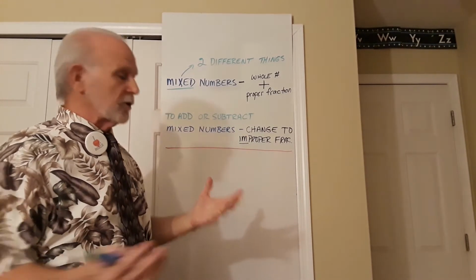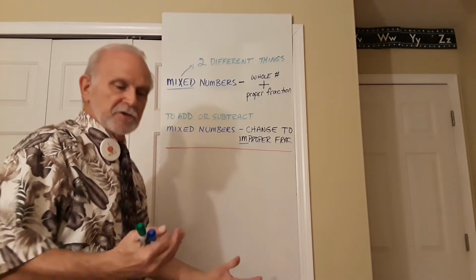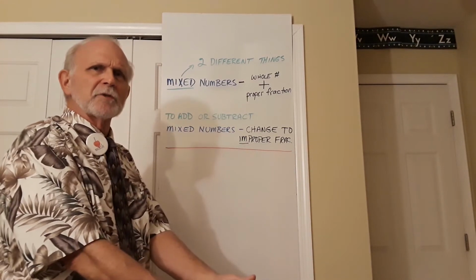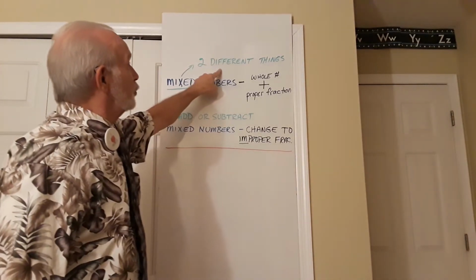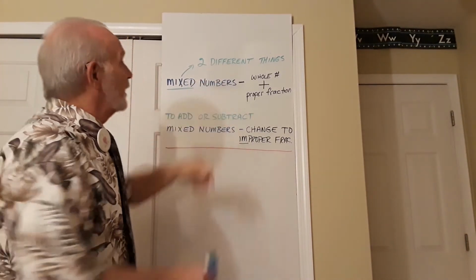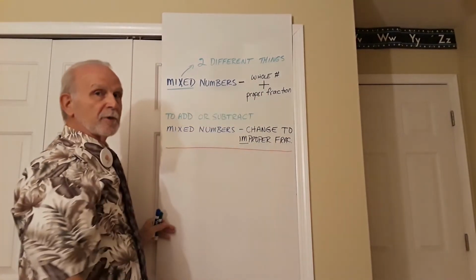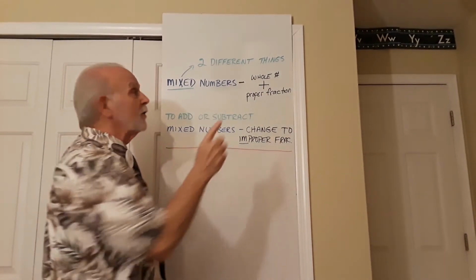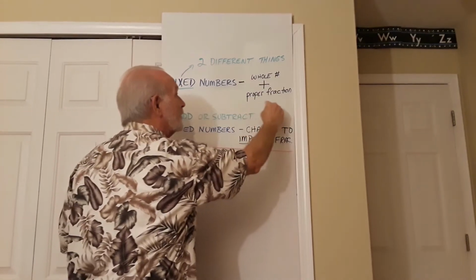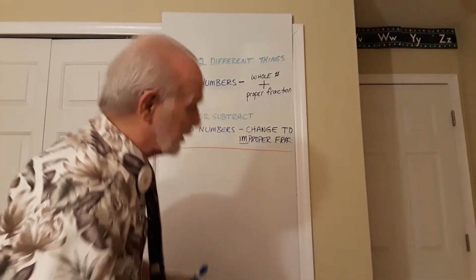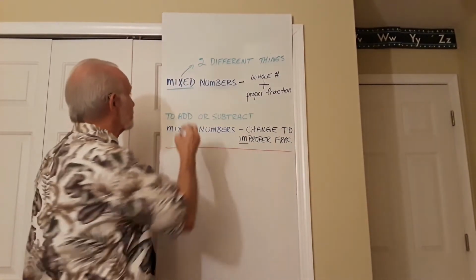Can't be the same thing. You can't take a box of nails here and a box of nails here and put them in the same container. You didn't really mix them, you just dumped them in the same thing. Mix is 2 different things. And a mixed number has a whole number, everybody knows what that is, and now it's also aligned with a proper fraction. So if you remember, we did this, and in fact I'll do the same one because I remember it.